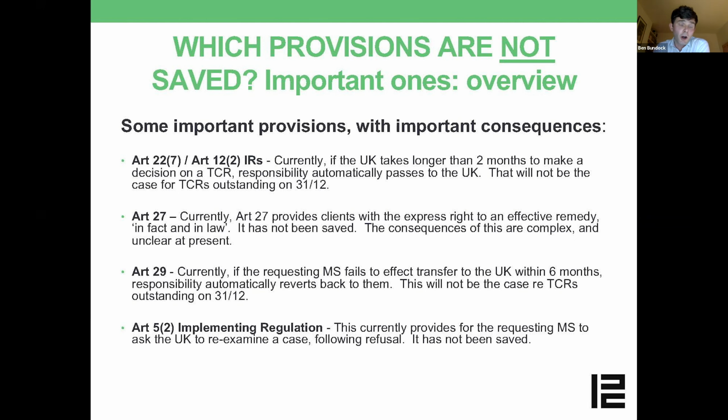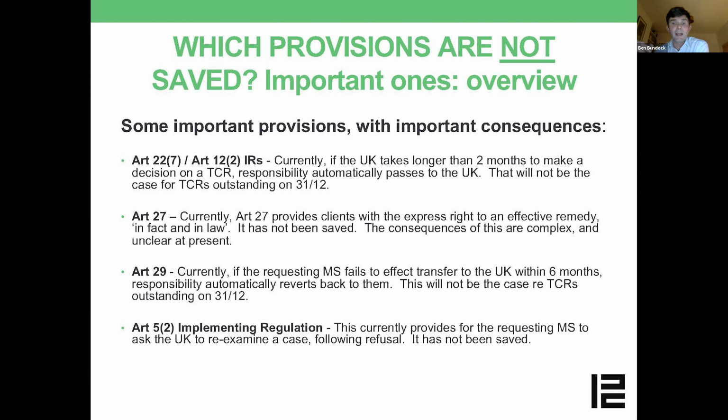First of all, Articles 22.7 of Dublin 3 and Article 12.2 of the implementing regulation, they sort of come together. Because the position currently is that if the UK takes more than 2 months to deal with a take charge request, say from Greece, then the UK becomes responsible automatically under Dublin 3. That won't be the case any longer for requests that come in before the new year but haven't been determined.